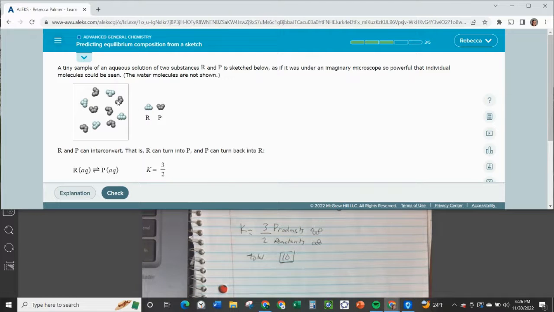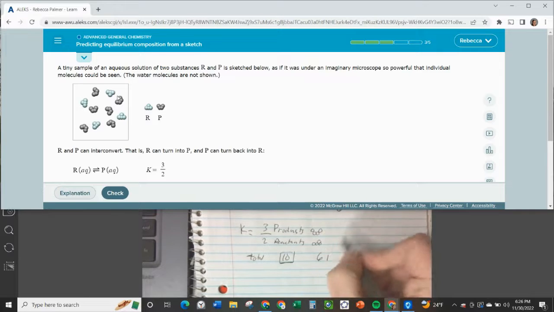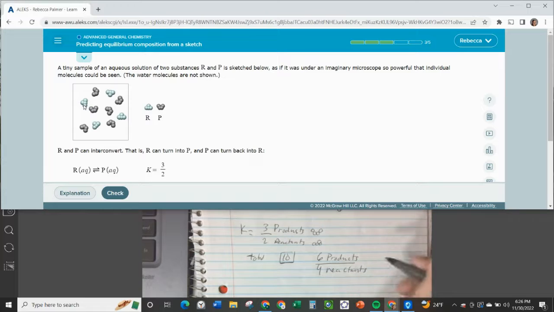We start with 10 total. Right now, we have 1, 2, 3, 4, 5, 6 products, and we have 1, 2, 3, 4 reactants. Oh, well, this one's also easy. Look at this: we have 6 products for 4 reactants.